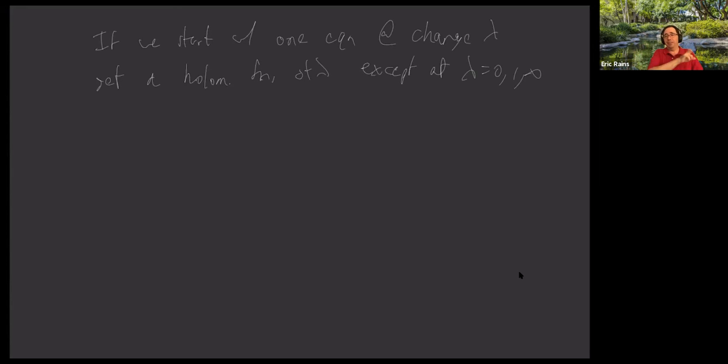So we can't actually make lambda equal 0, 1, or infinity here. But what we can do is we can still talk about the monodromy of this thing. We can start with our equation, move lambda in a loop around 0, and see what happens.